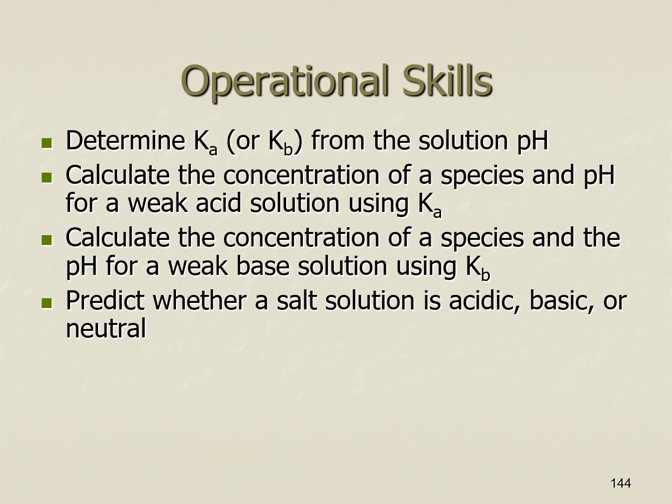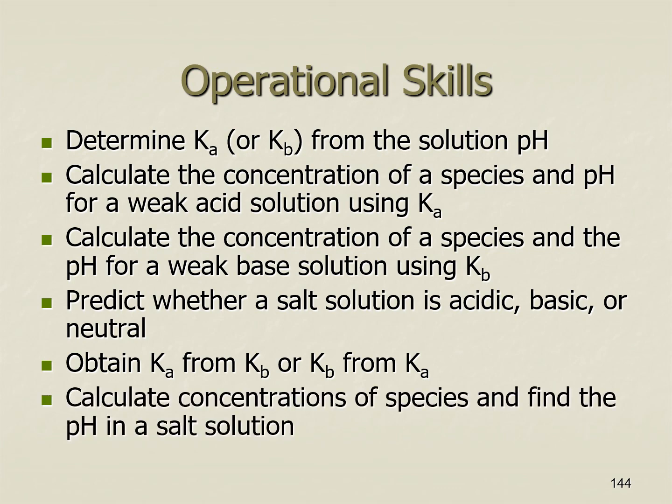You should be able to predict whether a salt solution is acidic, basic, or neutral. And remember, I won't give you one where they're both weak and where they'll cancel each other out. Well, it'll be hard to figure out if they cancel out or not. You should be able to obtain the Ka from the Kb or obtain the Kb from the Ka. You should be able to calculate concentrations and find the pH in a salt solution.